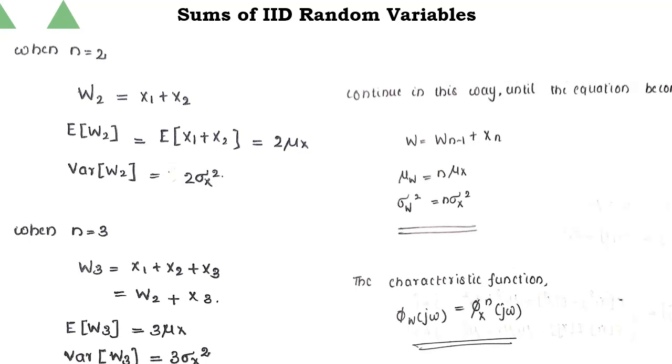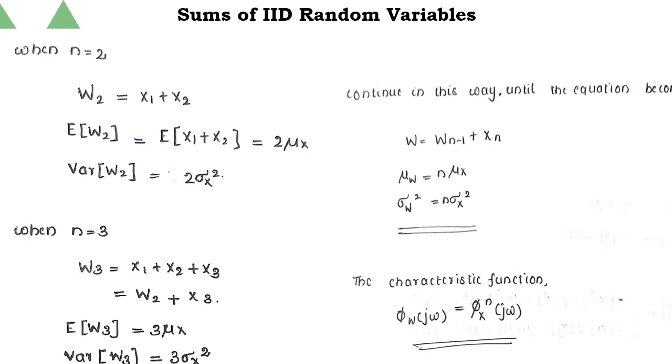Now continuing in this way, we are going to get the equation for w is equal to wn minus 1 plus xn, and in the same way the mean will be equal to mu w is equal to n into mu x, and sigma w square will be equal to n into sigma x square. As and when the value of n increases, the value of mean as well as the value of variance will also increase.